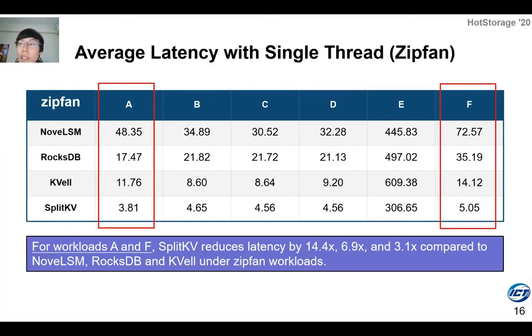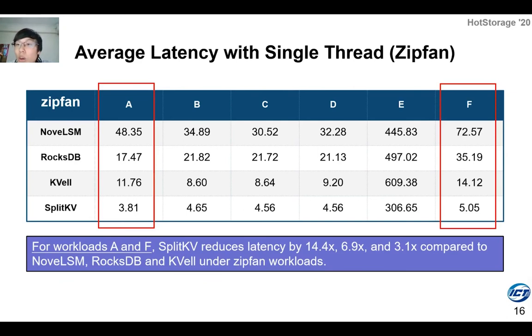We first evaluate the latency of single-thread key value store. This table shows latency results of different key value stores under the Zipf workload. For workloads A and F, SplitKV reduces latency by several times compared to NoveLSM, RocksDB, and KVell under Zipf workloads.